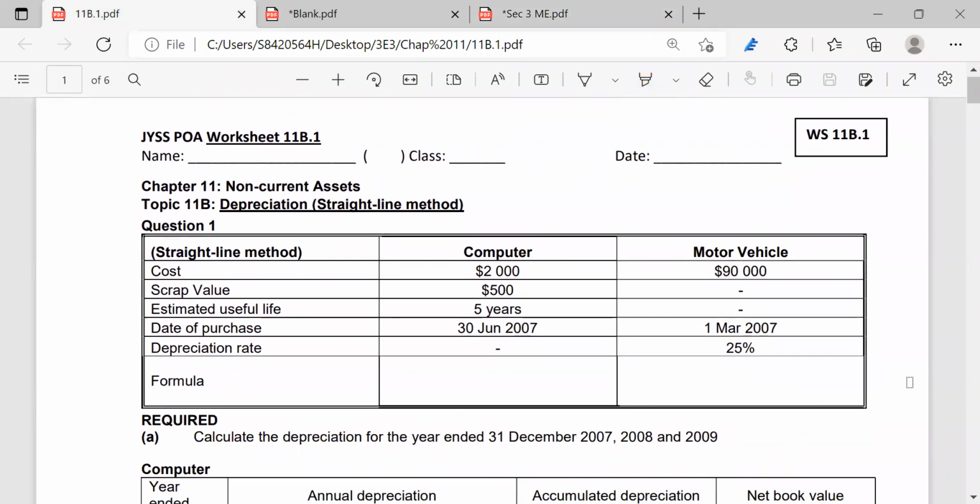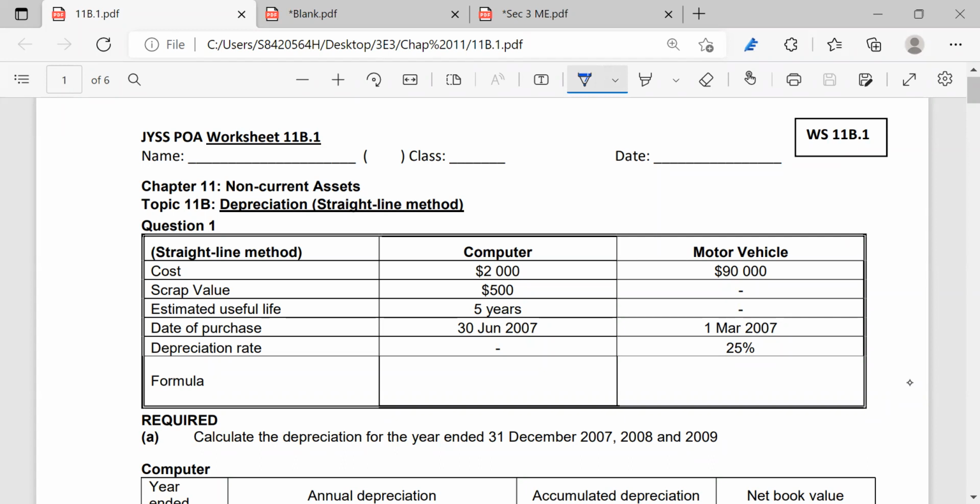Calculate the depreciation for the year ended 2007, 2008, and 2009. So you're going to do it for 3 years. Where can you get the formula? You can refer to your memory essence on page 47. For the straight line method, there are two formulas. For the first one, for the computer, you are given the cost price, the scrap value, and the years of useful life.